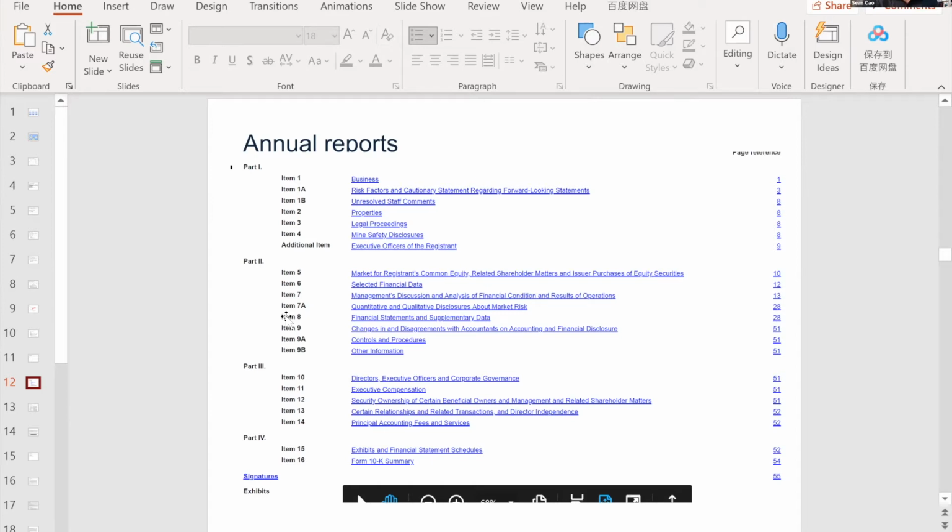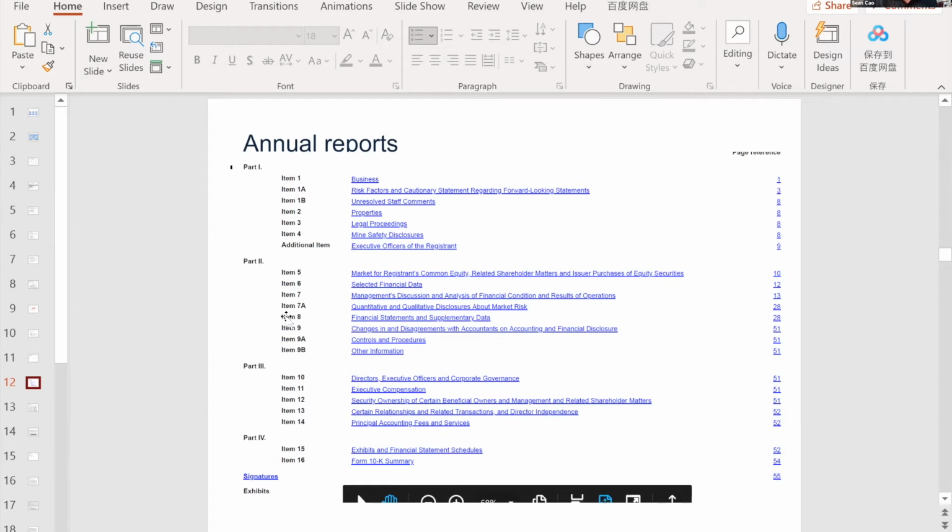One thing I want you guys to be aware of is item 10 and item 11. You can also find more detailed information in the proxy statement. Proxy statement covers everything about corporate governance, compensation, directors, auditors, anything. But in the annual report, you can also find some summary information about this.